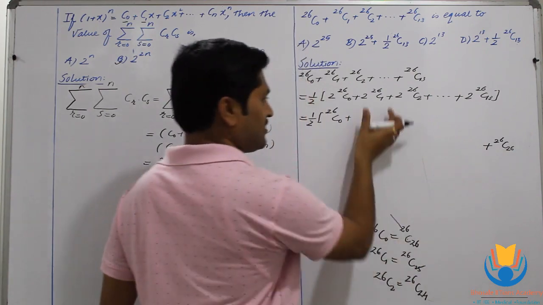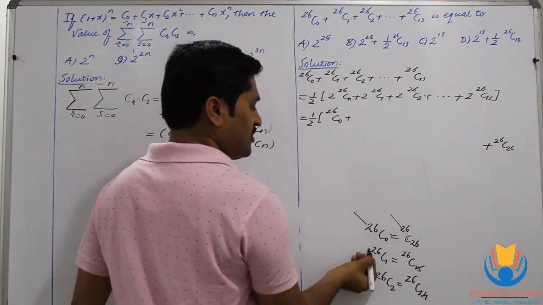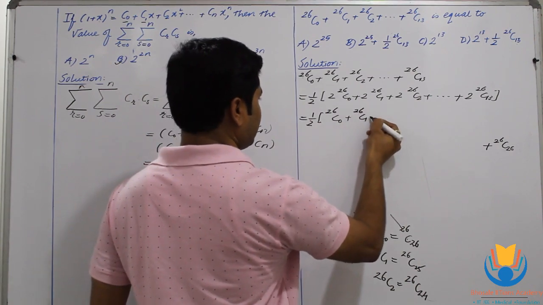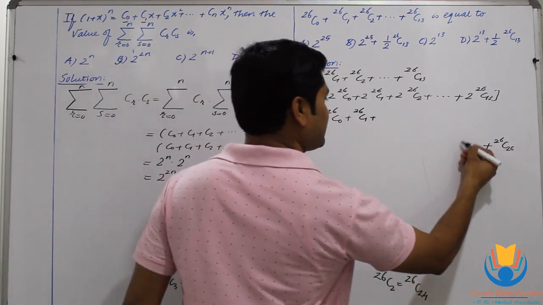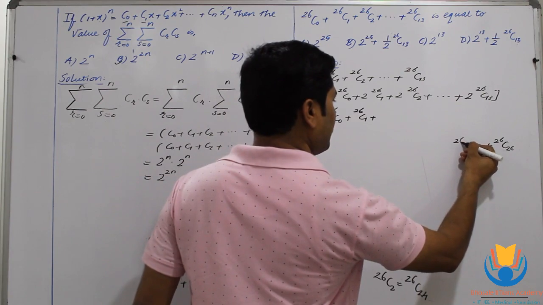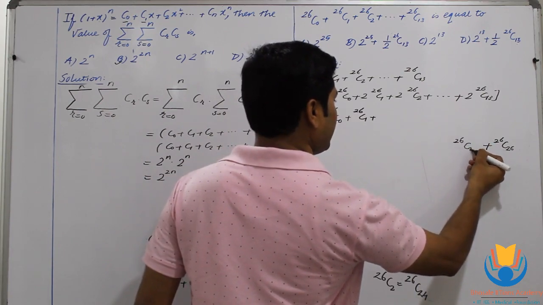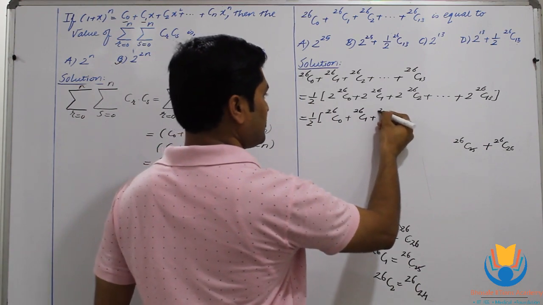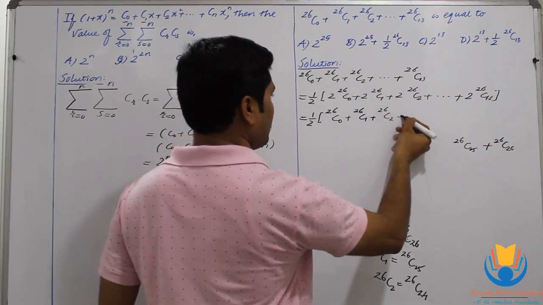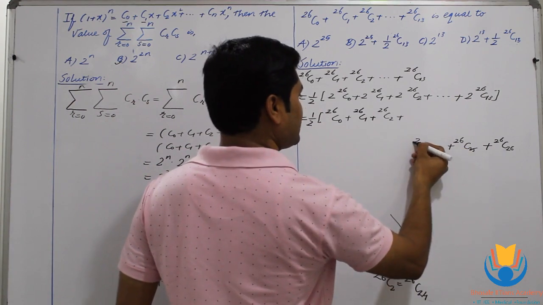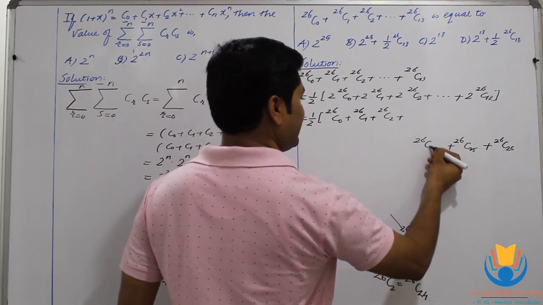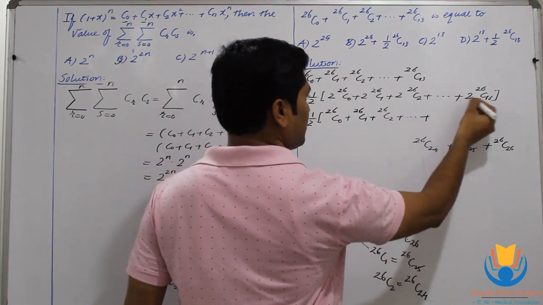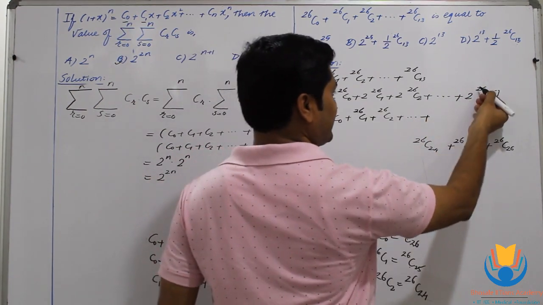Similarly, this term is twice, so one we will write as 26C1 and the other as the second last coefficient 26C25. Similarly for the third one, 26C2 and 26C24, plus ... So here we will come to 26C13.